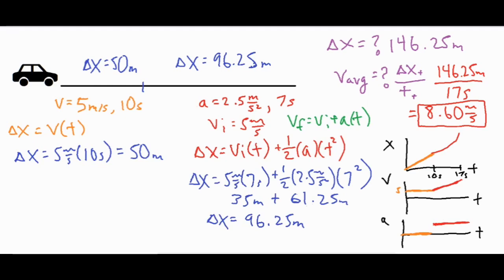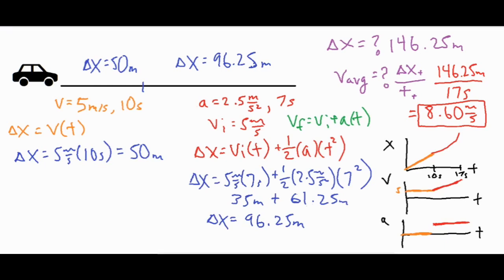So to sum things up, if you're solving a problem that has a combination of some constant velocity and accelerated motion, make sure you only use this formula for the constant velocity, and then you can use different accelerated motion formulas for the second half. This one, in red, seemed to fit our needs of solving for delta x. When we wanted to find a total delta x, we just summed those two answers together to get that grand total of 146.25.